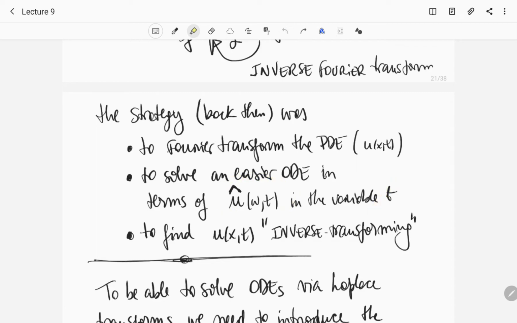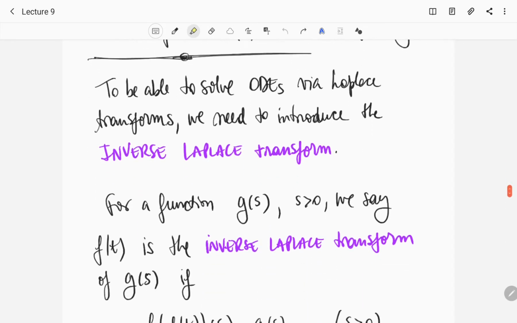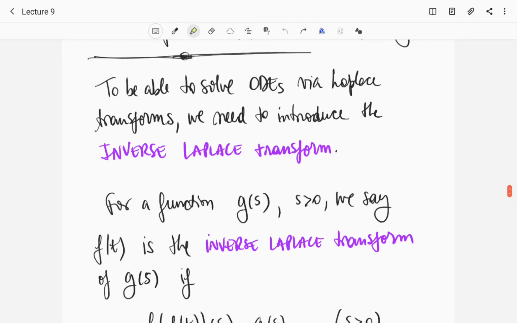And then to find the original solution, we inverse transform this function. Now we are going to learn about the inverse Laplace transform, so next lecture we can solve some ordinary differential equations.